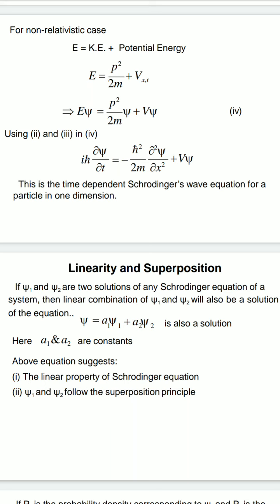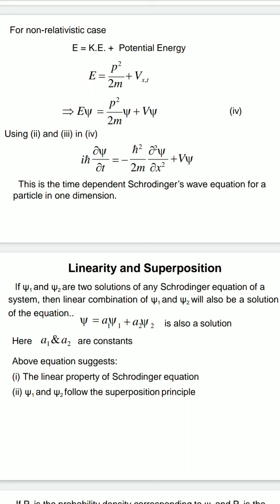If you have two solutions, let it be psi 1 and psi 2, then their linear combination psi 1 plus psi 2, or a psi 1 plus a psi 2, will also be a solution of the same Schrodinger equation. You will understand that later when you study with some examples.